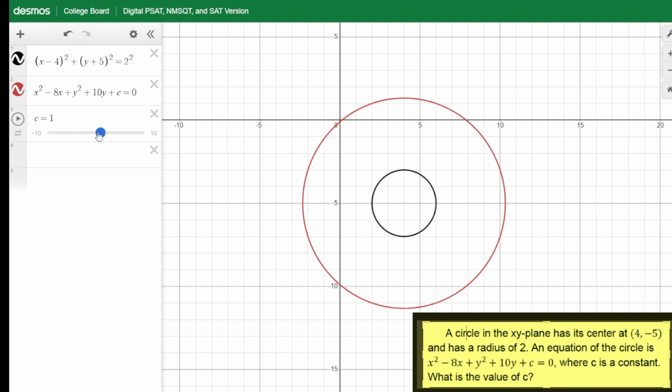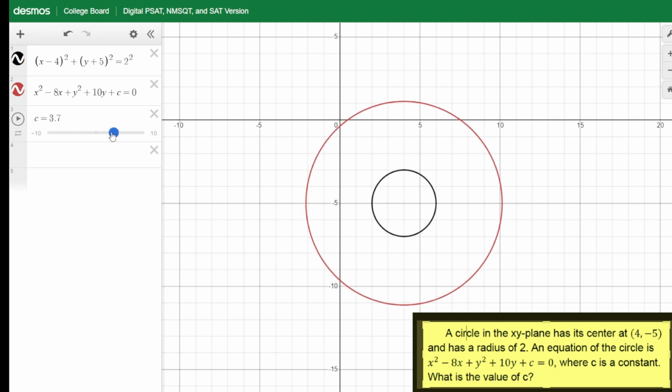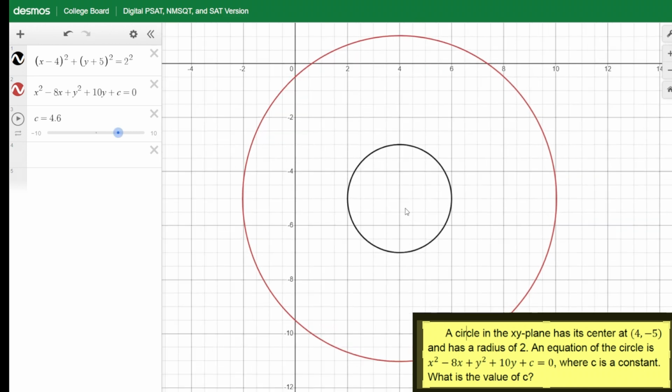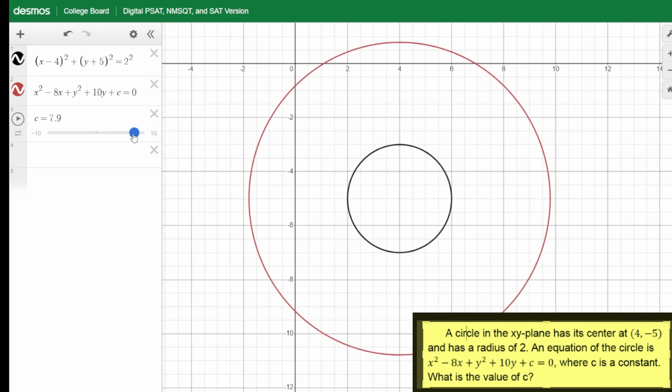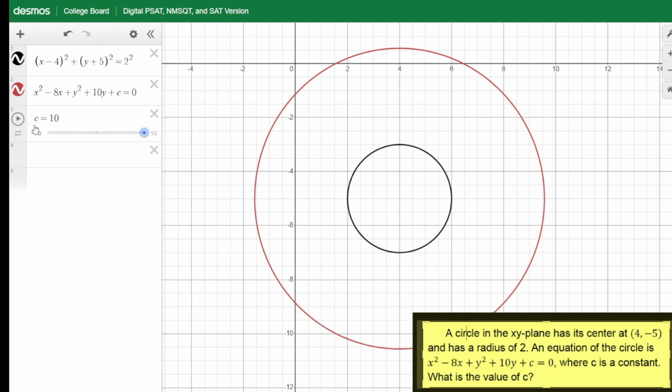And when we start changing the c value, increasing the c value here, the red circle starts becoming smaller. We're having the same problem where the slider's bounds are negative 10 to 10, so we will increase that. Again, let's make it negative 50 to 50.